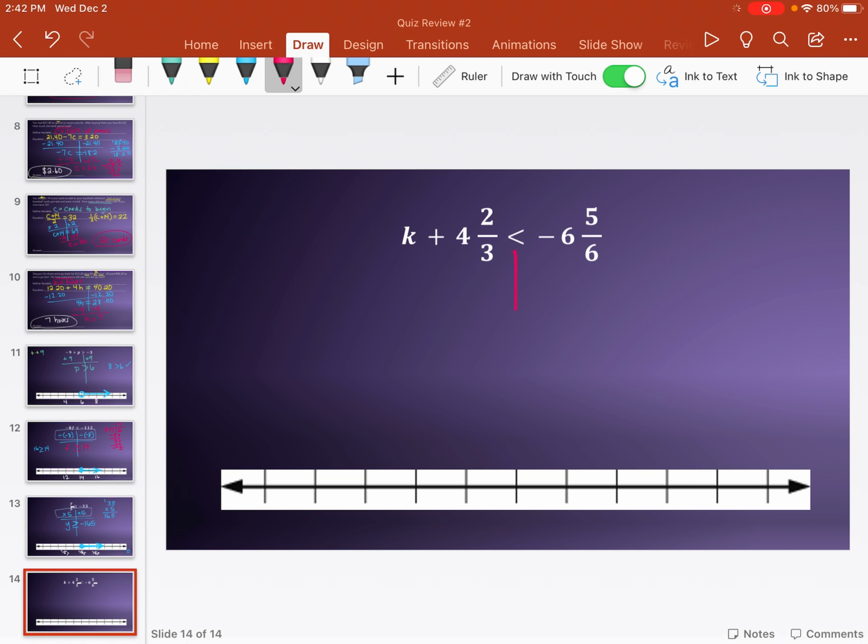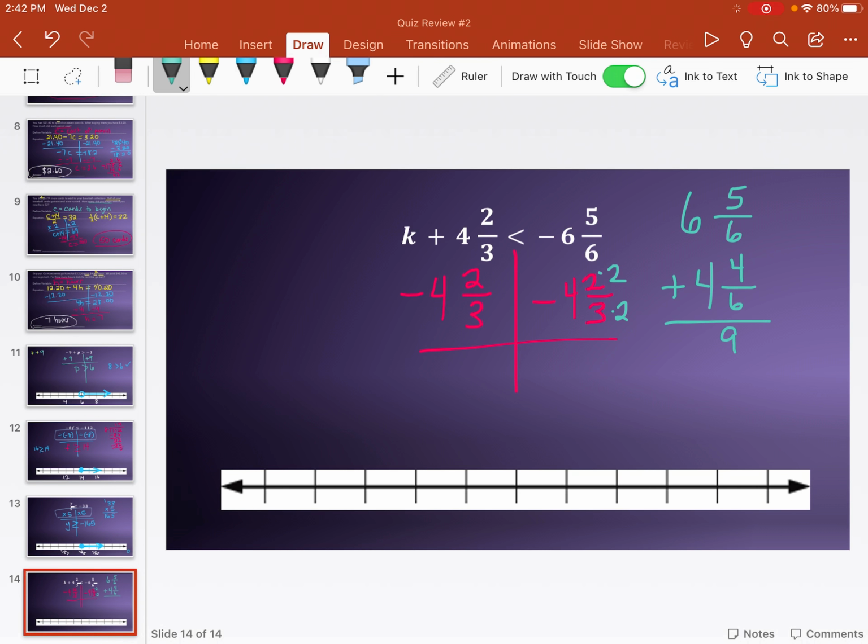And our last one, it's adding. So subtract 4 2/3. Subtract 4 2/3. So they're both negative, so I'm really going to end up adding these. And I'm going to go ahead and give them common denominators, so turn them both into sixths. So I've really got 6 5/6 plus 4 4/6.